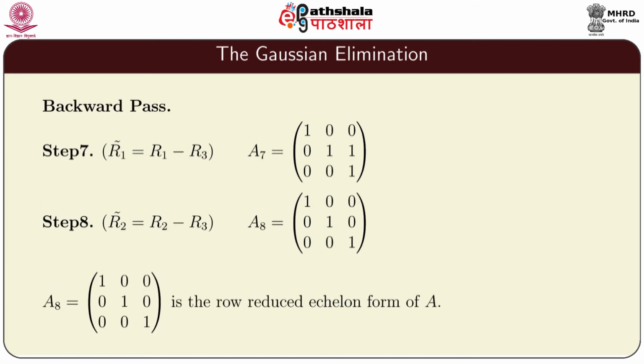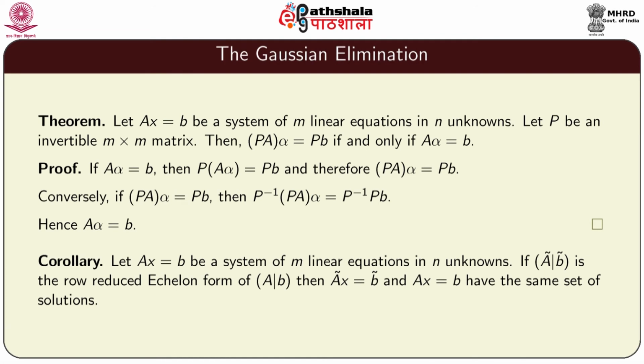So this brings us to the final echelon form of the matrix after subsequent elementary row operations. Let us now see the effect of Gaussian elimination on a system of equations.